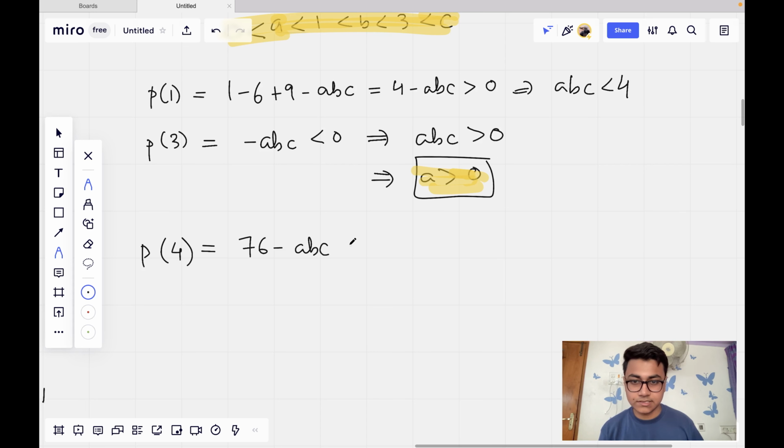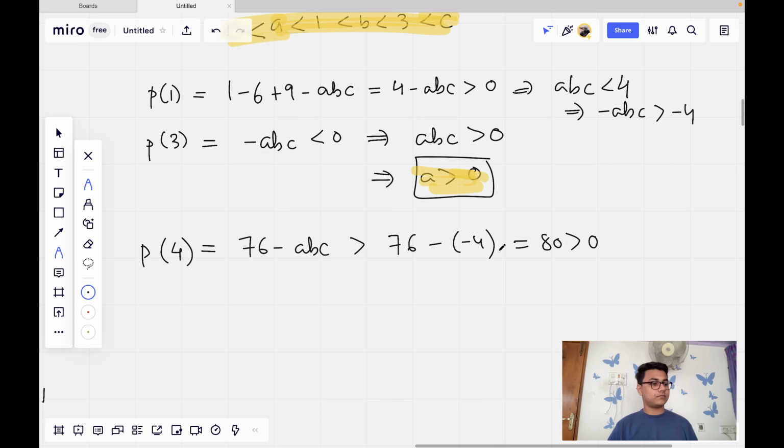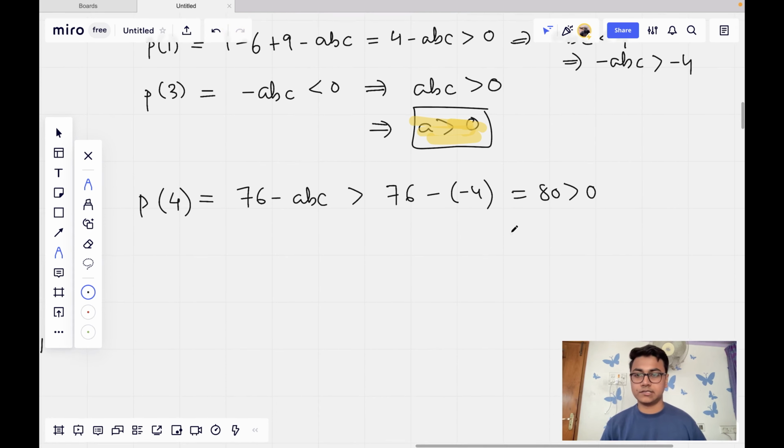So since ABC is less than 4, minus ABC is greater than minus 4. So this value is greater than 76 minus of minus 4, which is just 80 and strictly greater than 0. Yeah, 80 and strictly greater than 0.